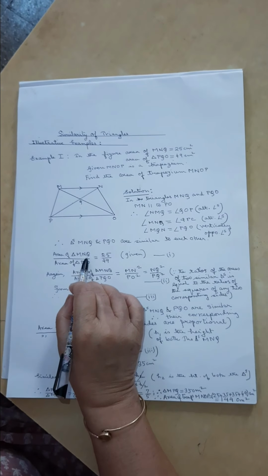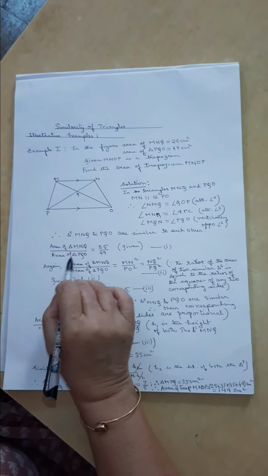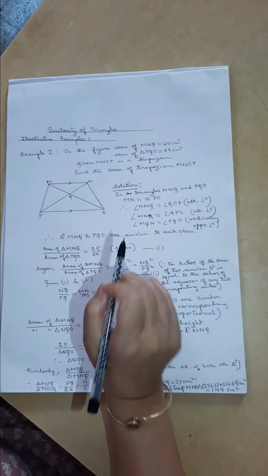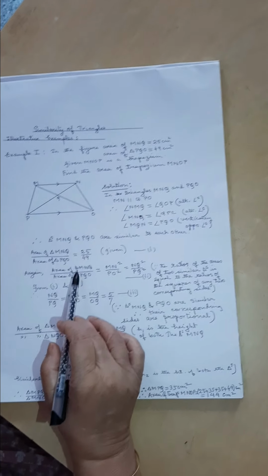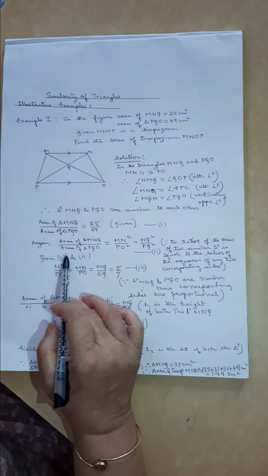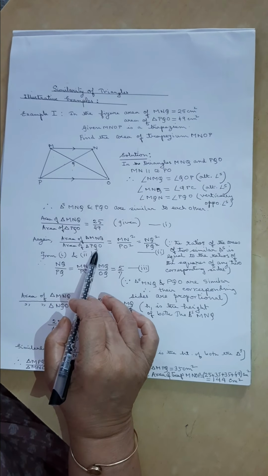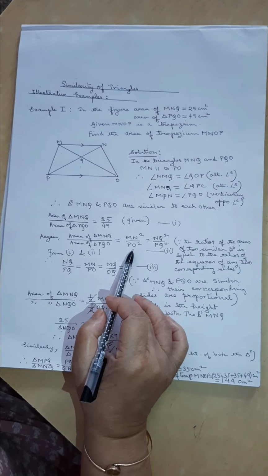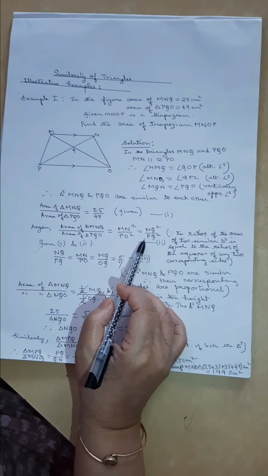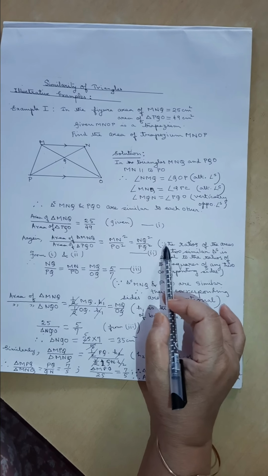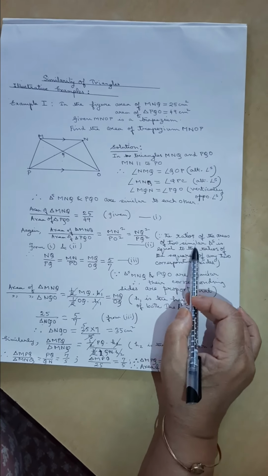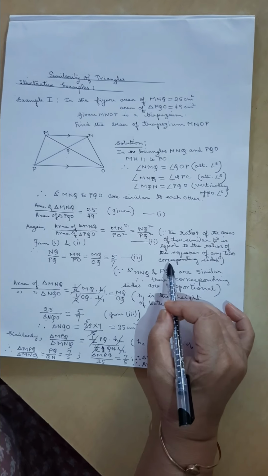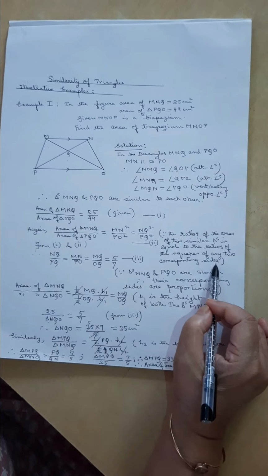Area of triangle MNQ over area of triangle PQO is equal to 25 by 49, given. Again, area of triangle MNQ by area of triangle PQO is equal to MN square by PO square, which is equal to NQ square by PQ square, since the ratio of the areas of two similar triangles is equal to the ratio of the squares of any two corresponding sides.